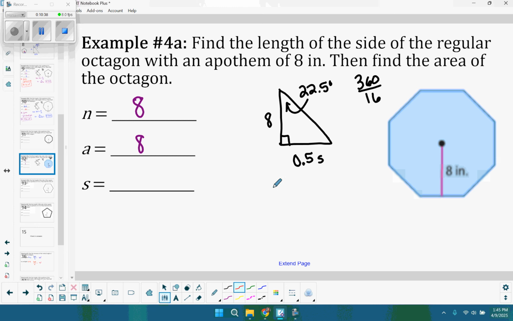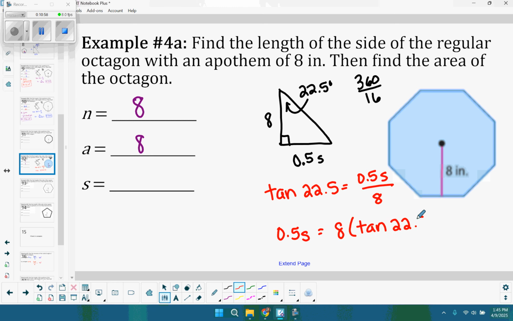Once again, we're going to use tangent. So tangent 22.5 equals O over A, 0.5s over 8. So the variables on top, the numbers on the bottom, we're going to do multiplication. But instead of just saying s equals, it's going to be 0.5s equals 8 times tangent 22.5.